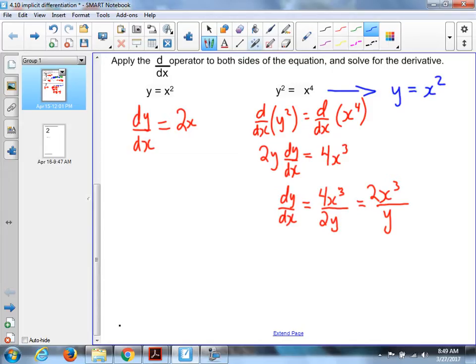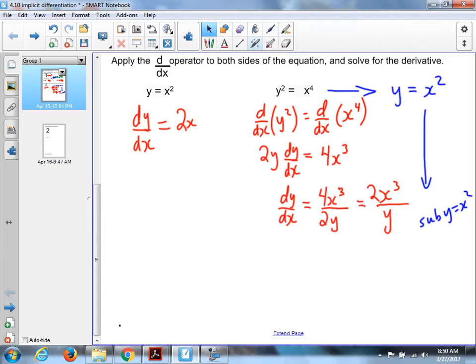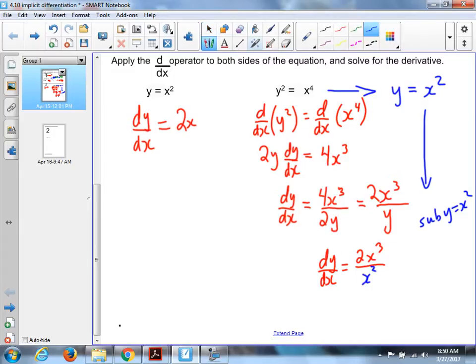Now what if I subbed in, because it belongs to this x to the 4 equation. So, I'm not asking you to do this, but at this point, you can leave dy by dx as what's in red. 2x cubed over, well, if I know that the letter y, the denominator, stands for x squared, what does that simplify to? 2x, the same expression we got for the derivative here.